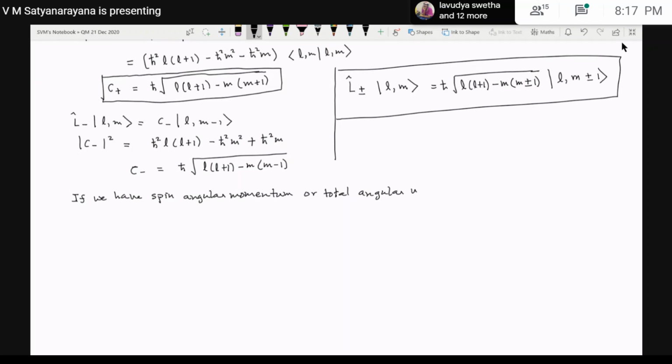Total angular momentum is basically the sum of spin and orbital angular momentum.